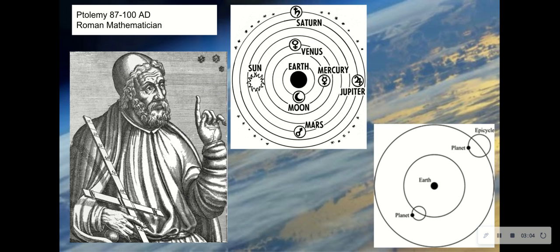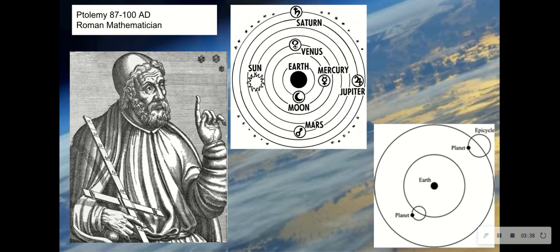Here we have an example of Ptolemy. He's from 87 to 100 AD, and he is a Roman mathematician. His idea was the Geocentric Theory. This means that the Earth is the center of the universe, and you can see in this picture that he believed that the Earth is in the center, and all the other planets revolve around it.